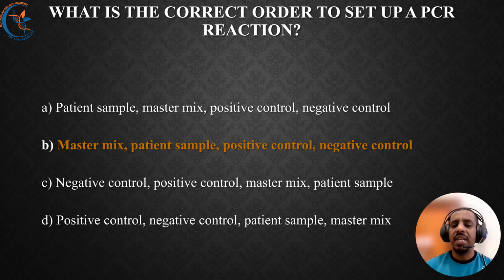Finally, set up the negative control by adding only water or another non-template control instead of DNA. This helps check for contamination. So each tube gets the master mix, but the patient sample, positive control, and negative control are added separately to their designated tubes.